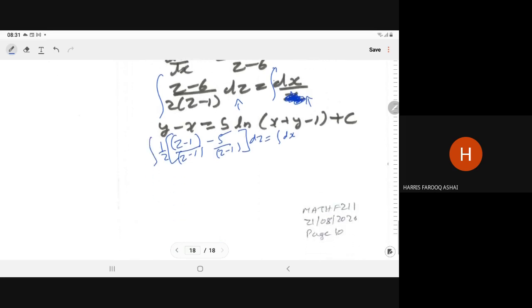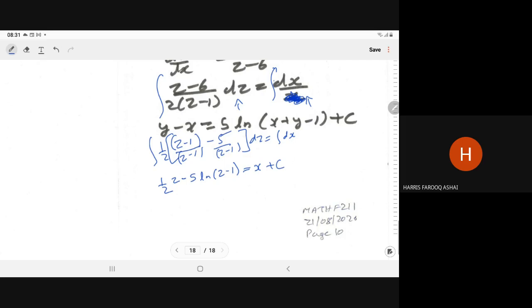So this will give you 1 by 2 into z minus 5 ln of z minus 1 is equal to x plus c.